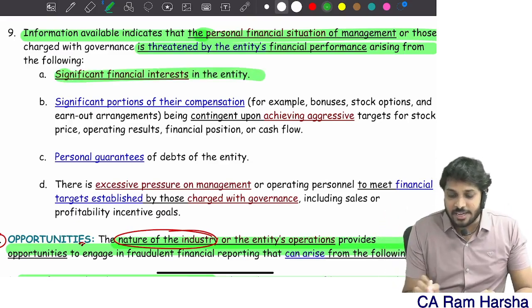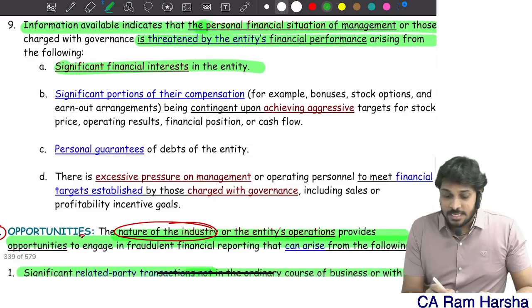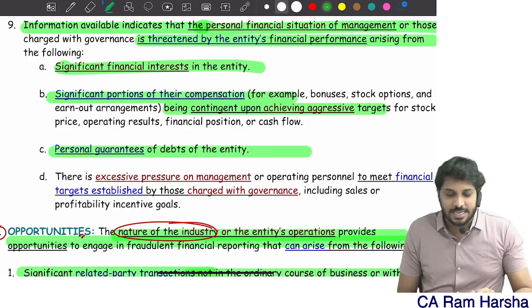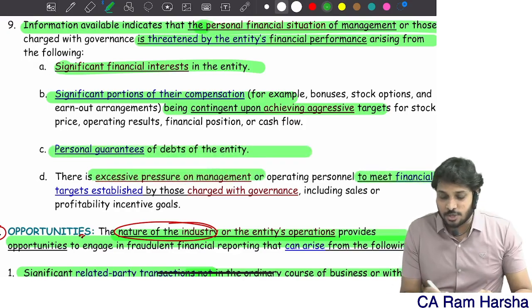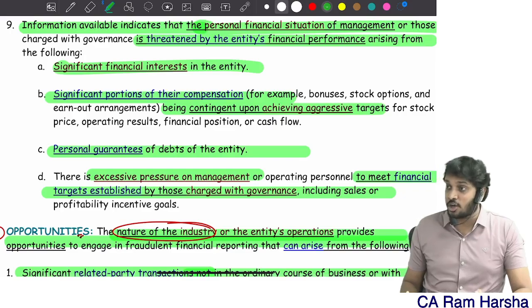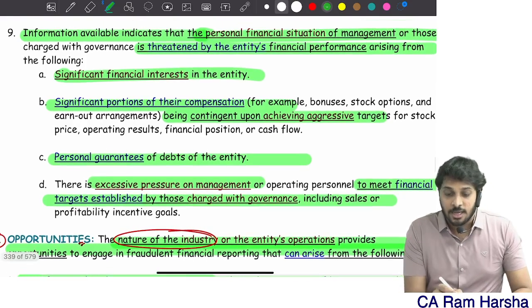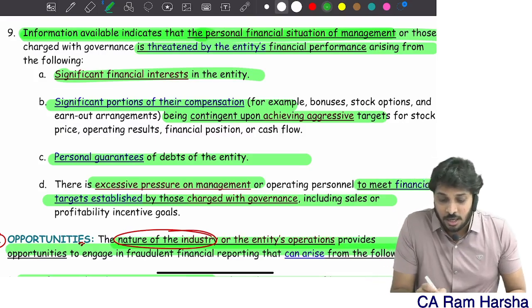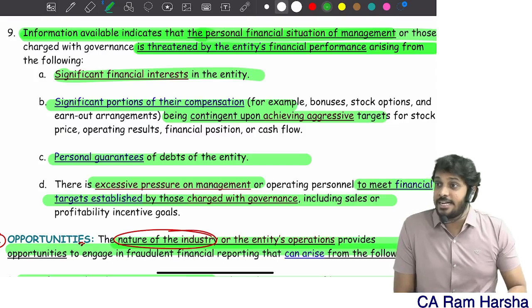Significant financial interest in the company. A significant portion of their compensation is only from this entity. Personal guarantees, excessive pressure on the management to meet financial targets established by top management. All this information indicates the personal situation of the management is threatened by the entity's performance.